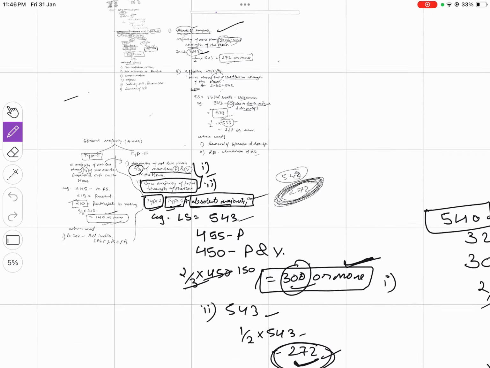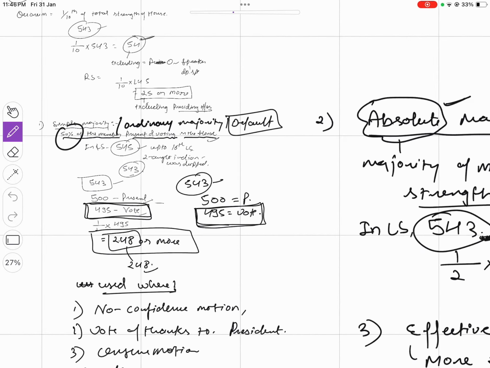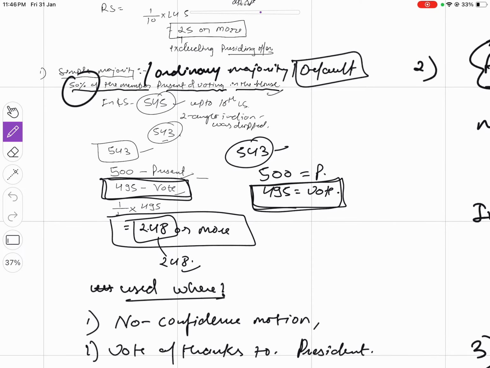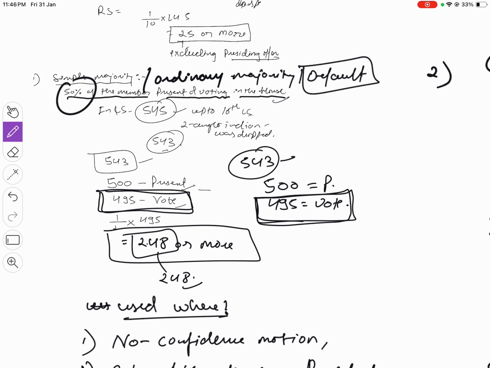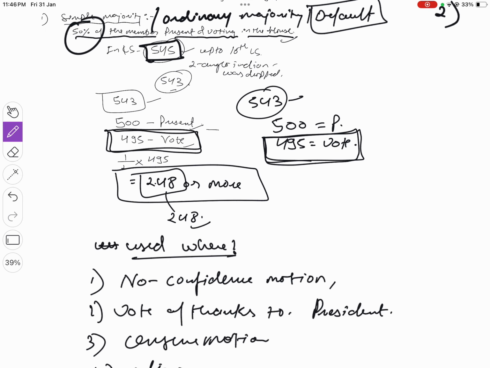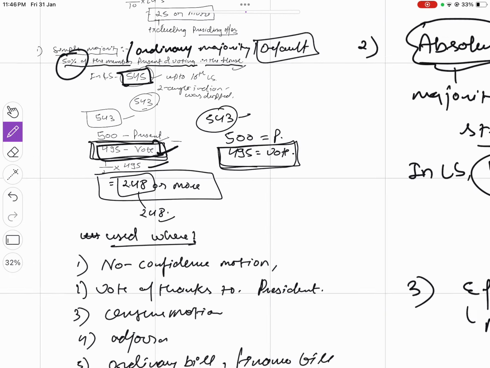So I'm just summarizing, we have done simple majority. In simple majority, only the 50% criterion is there. Suppose we have 545 members, then out of the members who are voting, 495, we will calculate from here.